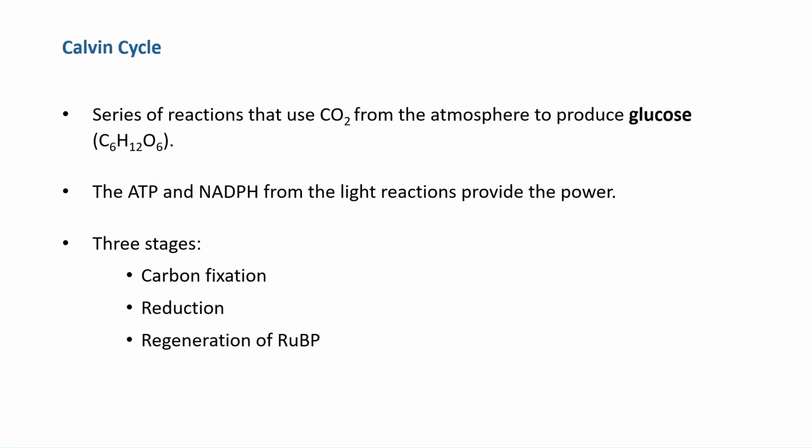Now, the Calvin cycle is a cycle, meaning it's a series of reactions. Okay, it's not one reaction, but you begin with carbon dioxide from the atmosphere and end with glucose. Where do you get the energy for all of this? From the ATP and NADPH that were formed in the light reactions. We can divide the cycle into three stages: carbon fixation, reduction, and the regeneration of ribulose biphosphate.